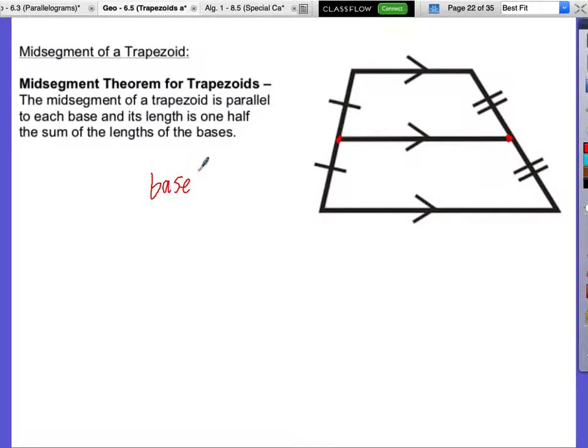A way you can think of it is base 1, which I'm going to abbreviate as B1, plus base 2, which I'm going to abbreviate as B2, divided by 2 is equal to the mid-segment. So base 1 plus base 2 over 2 would be the mid-segment. You add up the bases.